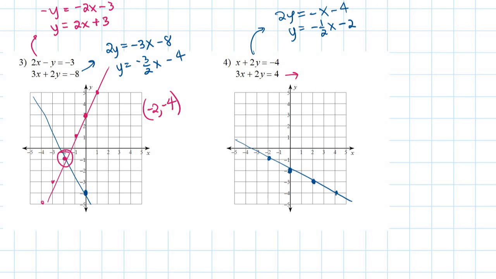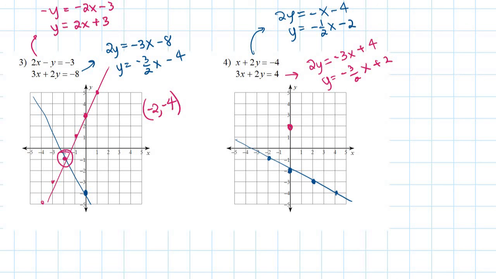All right, and then we'll have 3, let's see, I'm going to rearrange this. So I start by subtracting the 3x to the other side of the equation. Then I'm going to divide everything by 2. And I get a y-intercept of +2. My slope is -3/2.